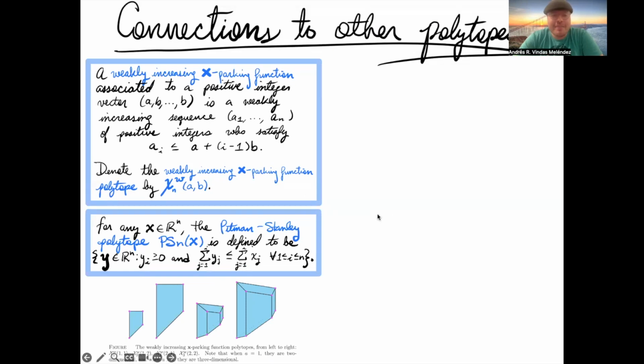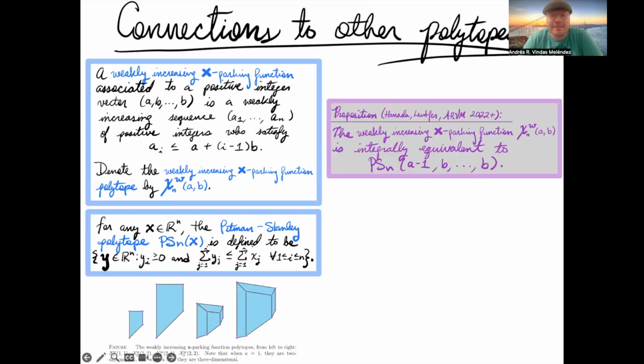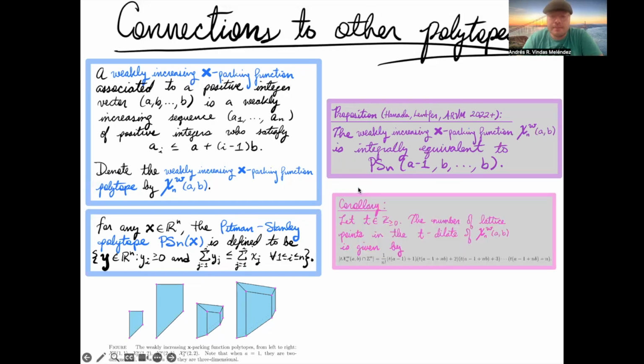The Pitman-Stanley polytope is defined here by these inequality descriptions. And so the weakly increasing X parking function polytope is integrally equivalent to this specific Pitman-Stanley polytope. What I mean by integrally equivalent is that it's not only combinatorially equivalent, not only does it preserve the face structure, but it preserves the number of lattice points. Okay?